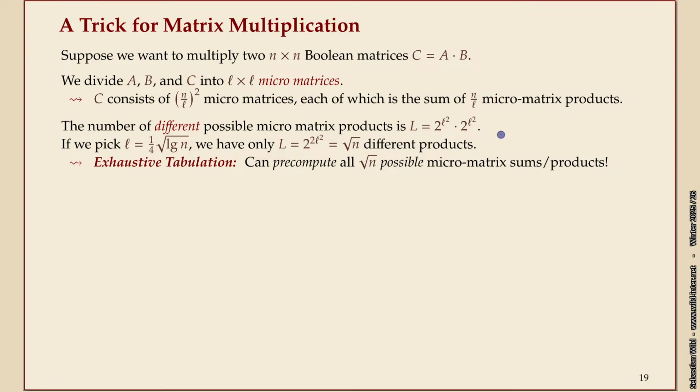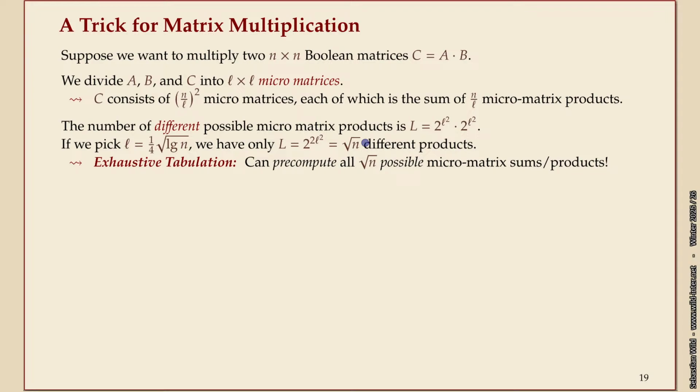You have 2 entries for each of the L squared cells in the micro matrix, and you have 2 of these, so you take the product. That feels like a lot, but it's not a lot if L is sufficiently small. That'll be the point. In particular, if you use square root log n with an appropriate factor, one quarter is enough, then you get precisely the square root n different combinations of pairs of micro matrices.